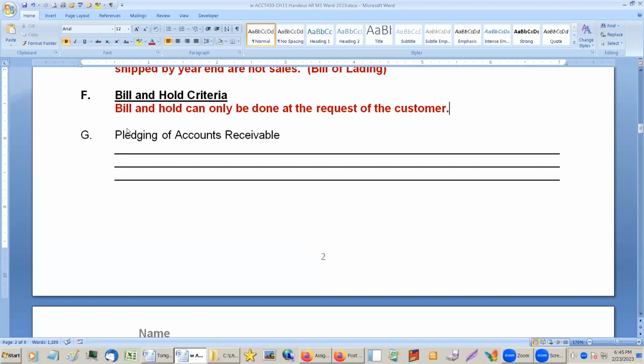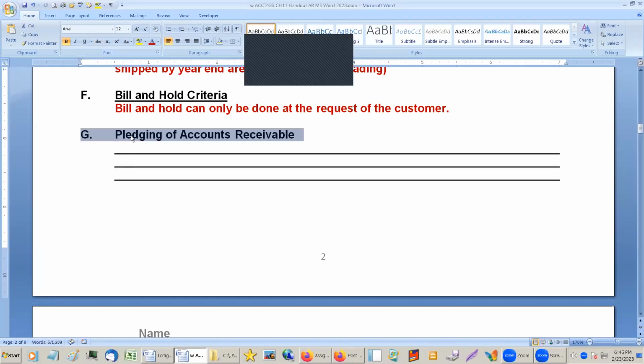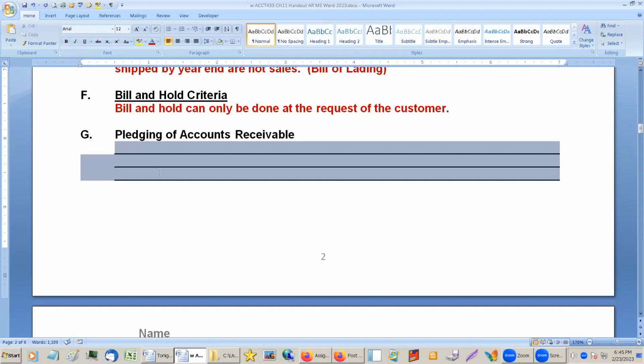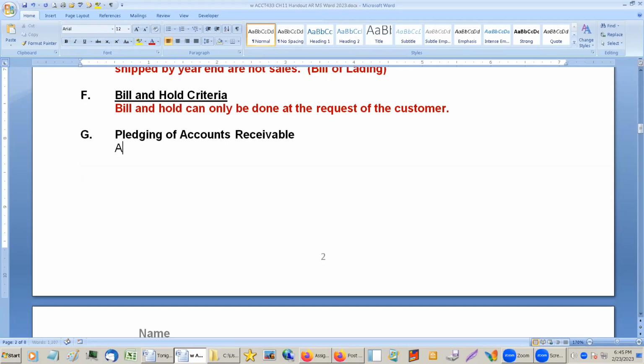Okay, pledging accounts receivable. We pledge for loans.